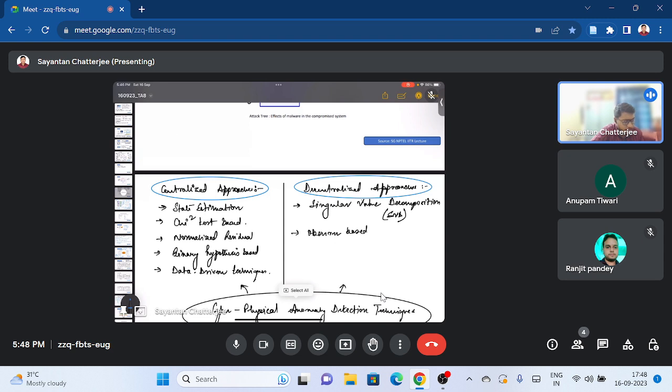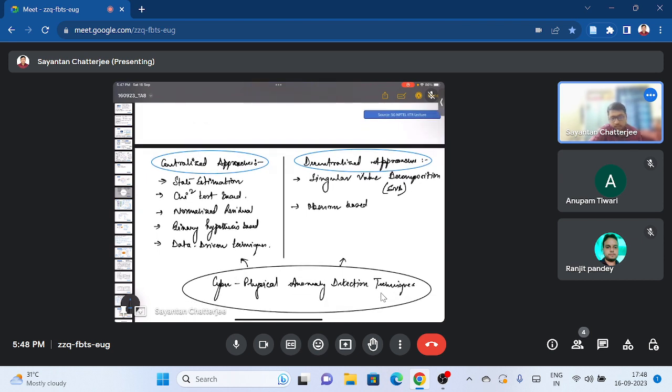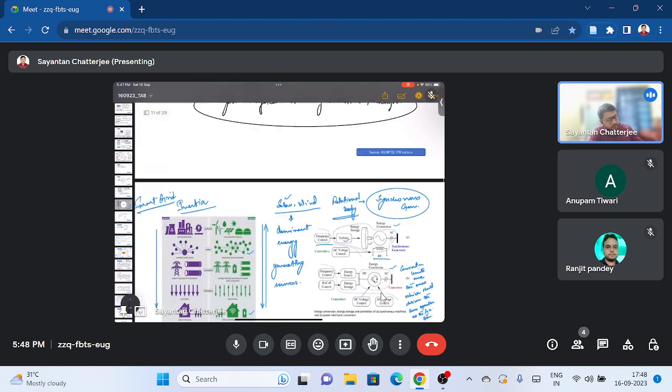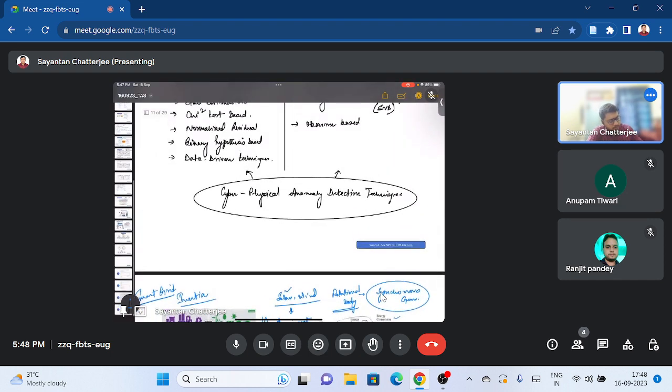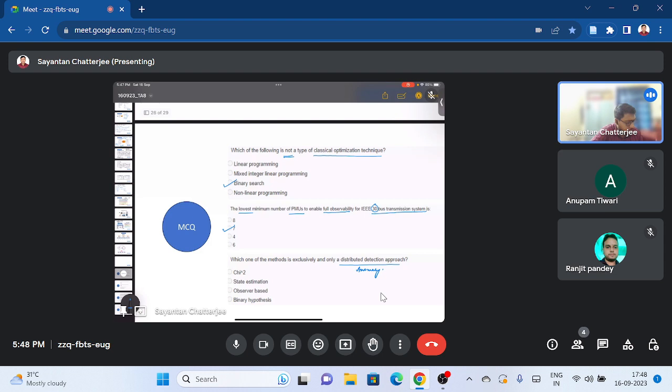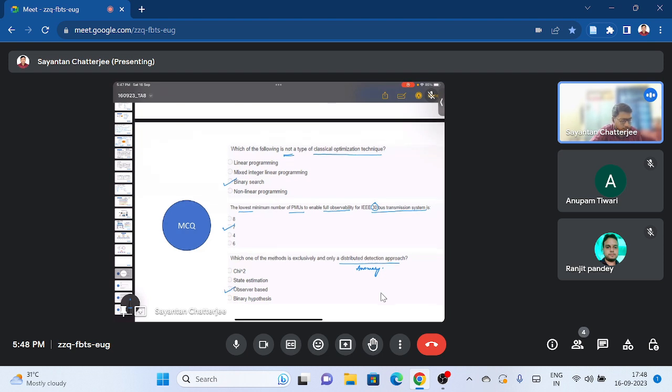And for the decentralized approach, we have singular value decomposition and observer based method. So the answer for distributed detection, that is decentralized detection, would be the observer based approach.